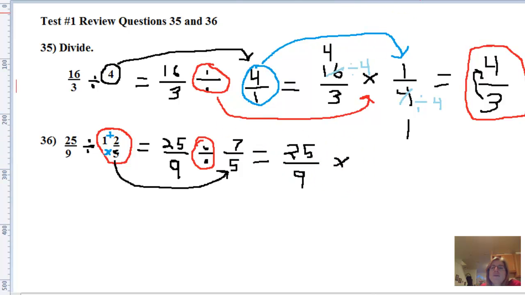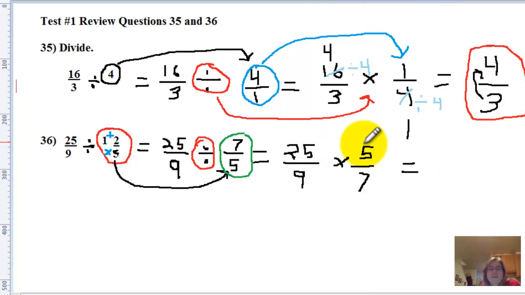We take our 7/5 and turn it over to the reciprocal. That's 5/7. So now we have a multiplication problem. Can we cross cancel? In this case it's not friendly and we can't. And sometimes that happens.